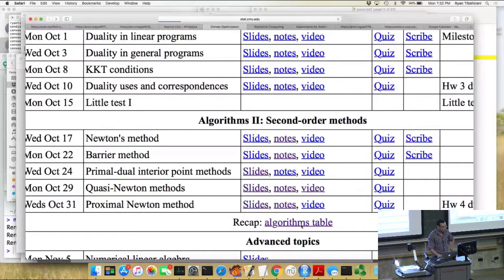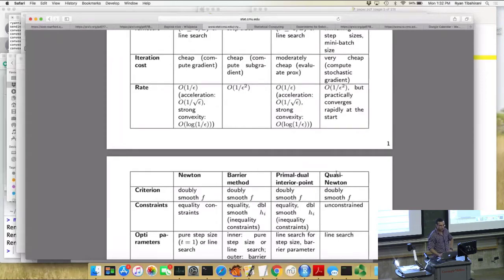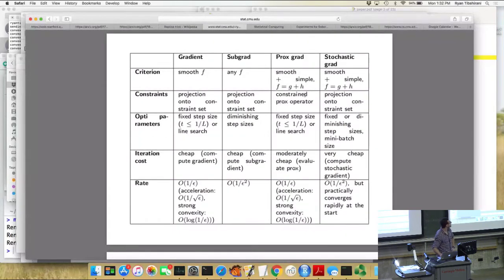I don't really want to go through this carefully because I want to save the time for today's lecture, but you can take a look at this if you're curious. I basically tried to compress everything that you've learned so far into an easily referenced format. It's something you could look back at and get a snapshot of, or print out and put on your wall if you want to remember what you learned in the course.